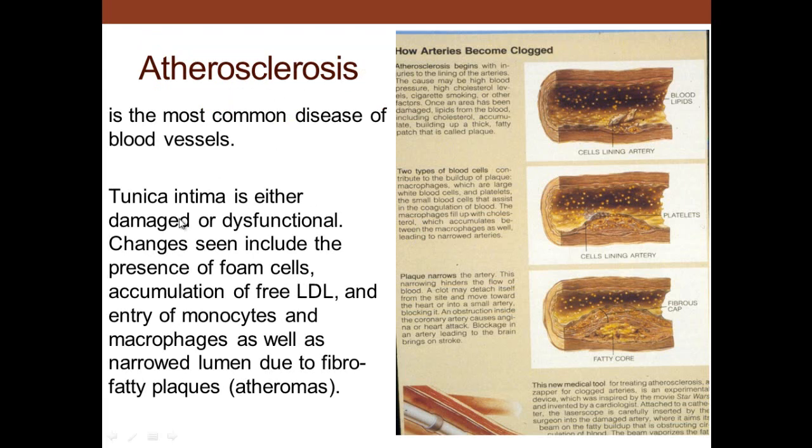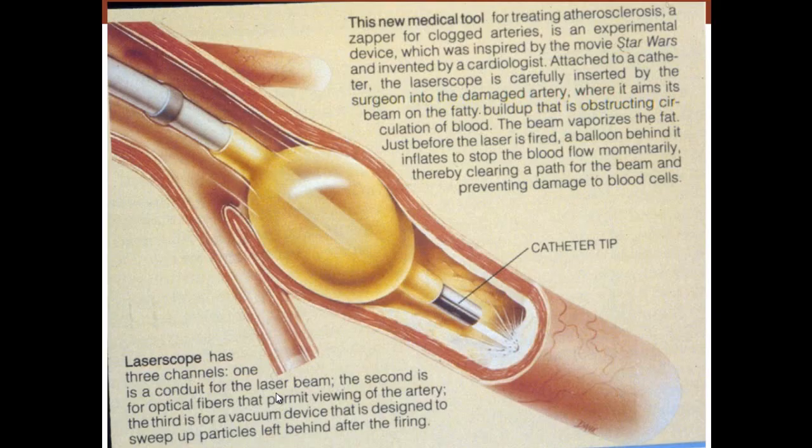The tunica intima is either damaged or dysfunctional, changes occur, you get foam cells, free LDL, macrophages move in, and they cause a fibrofatty plaque. And we can see they can go in there with angioplasty, expand that, maybe with a laser, and cut that out, and then pick up the different debris.